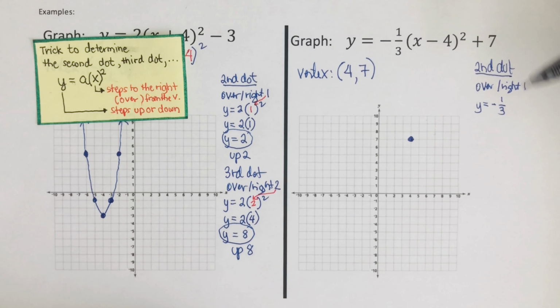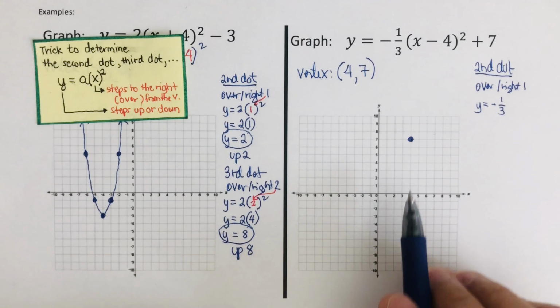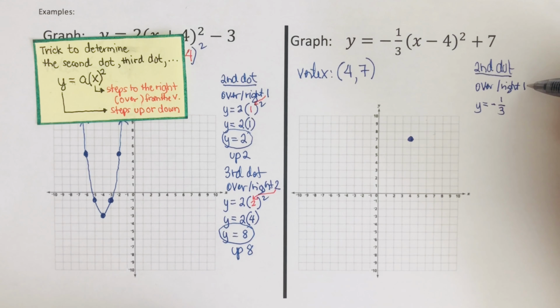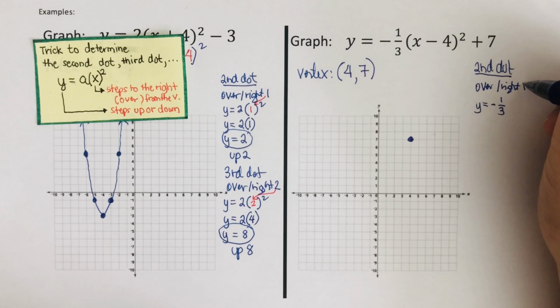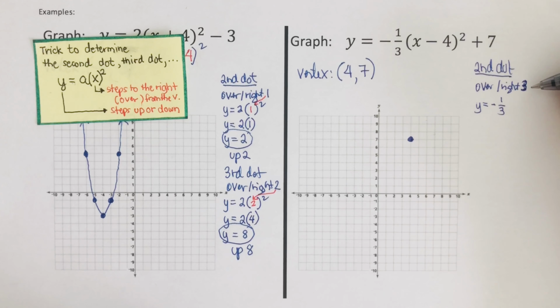If we have a fraction, so that we get rid of the decimal and just approximating it, we are going to go by anything that is divisible by 3. 1 is not divisible by 3, so we're not going to use this. 3 is divisible by 3. 6 is divisible by 3. So let's just have 3 here.